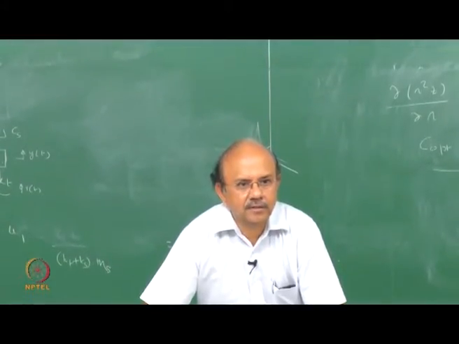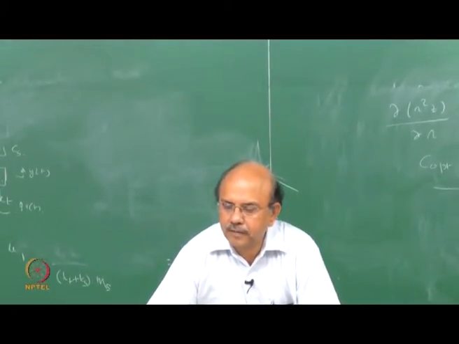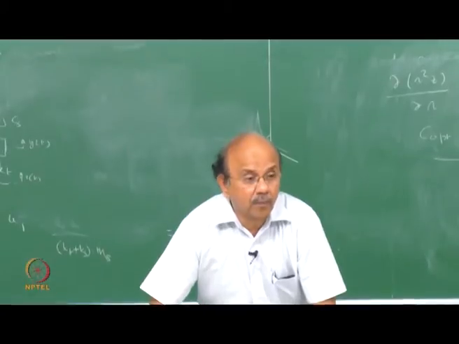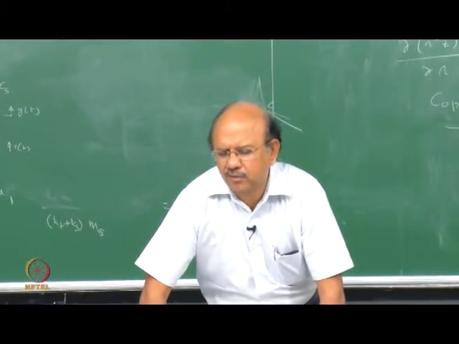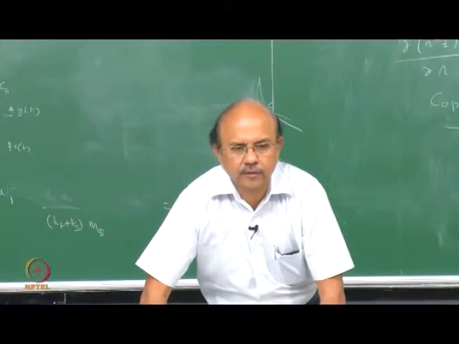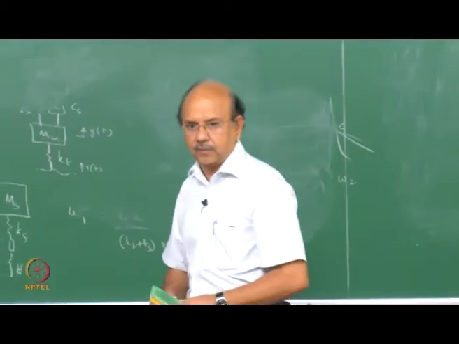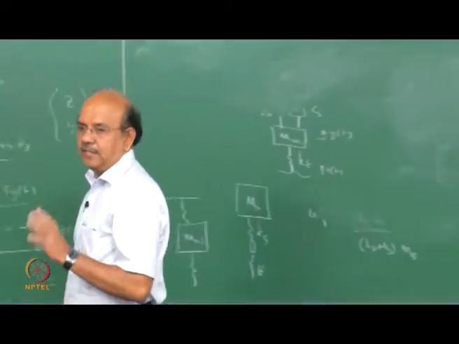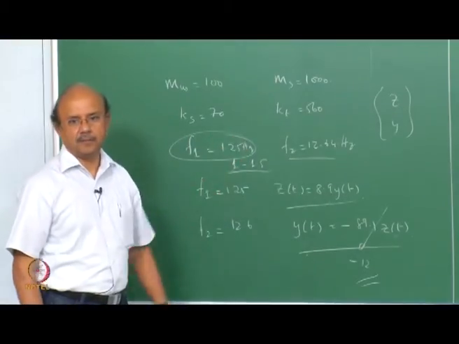And the wheel hop frequencies are between 11 to about 13.5, 14. This is the range in which we have got these frequencies. So these are two important frequencies: wheel hop and the body frequencies.